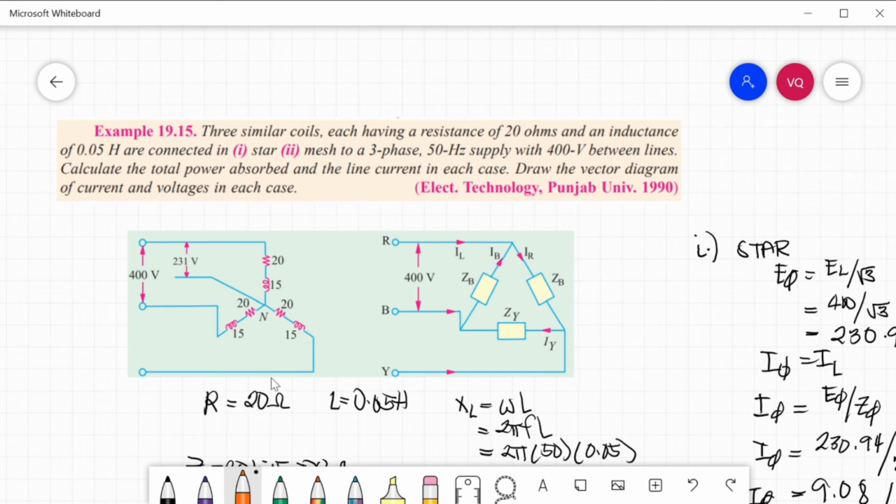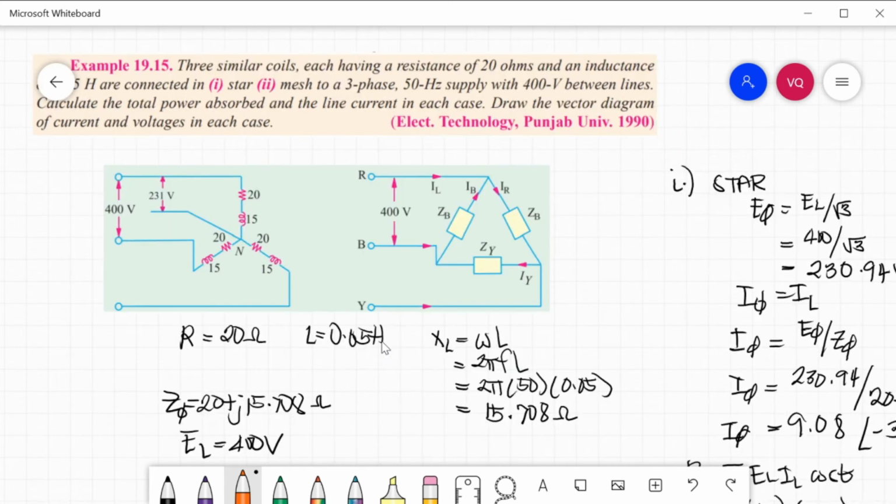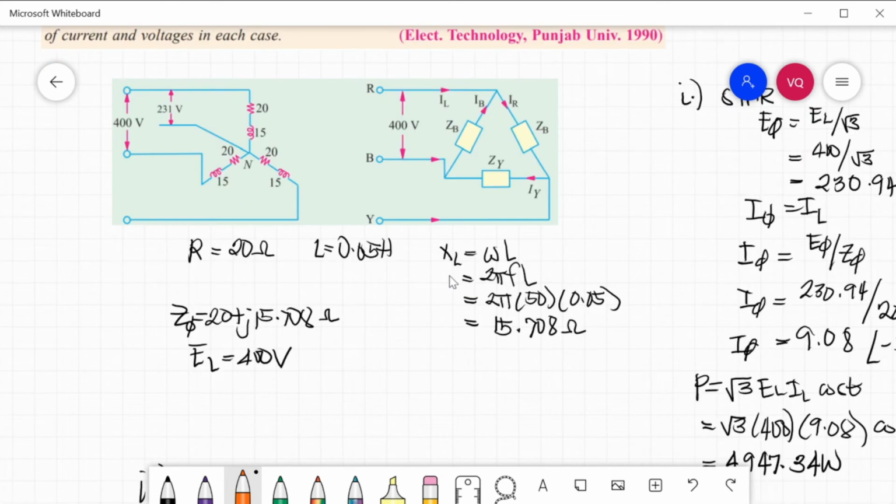So this is our connection. We have a resistance of 20 ohms and an inductance of 0.05 Henry. So we have to solve for XL, that is omega L, equal to 15.708 ohms.